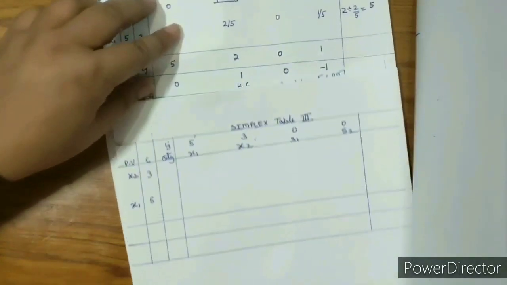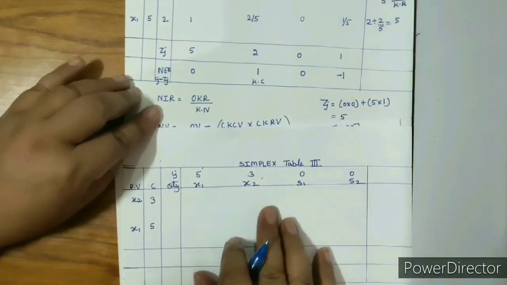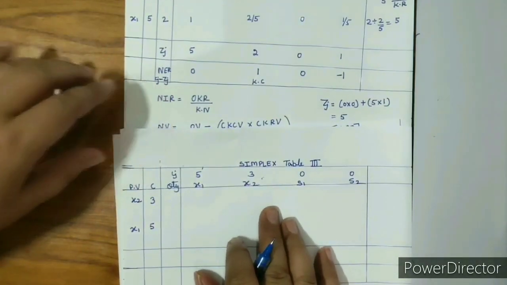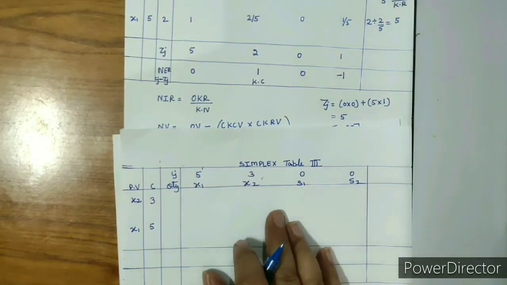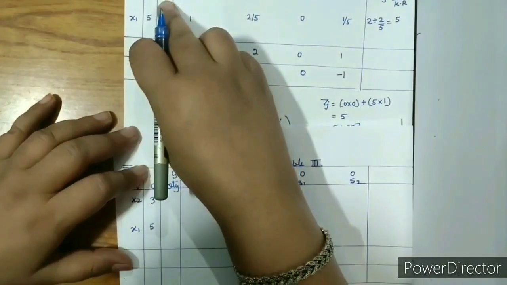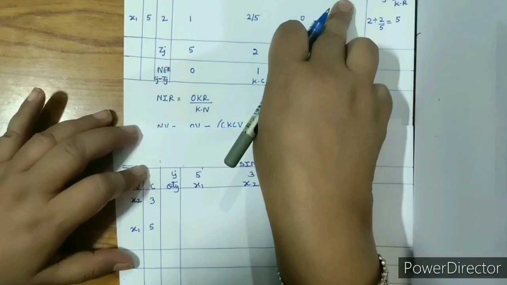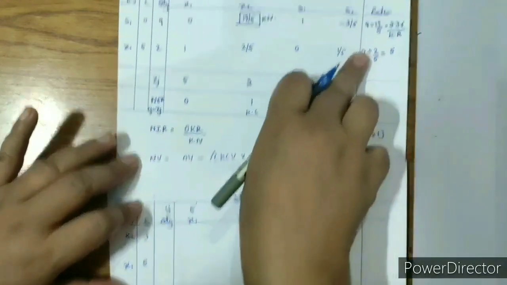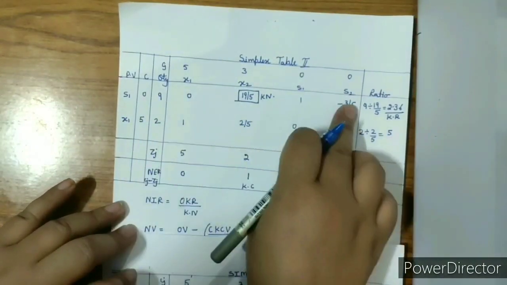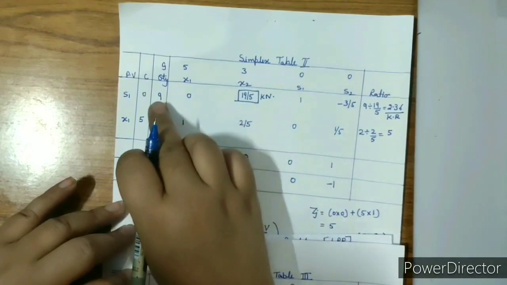Now again use the same formula. New incoming row variable equals old key row divided by key number. Old key row is 9, 0, 19 by 5, 1, negative 3 by 5. The whole row is divided by the key number.